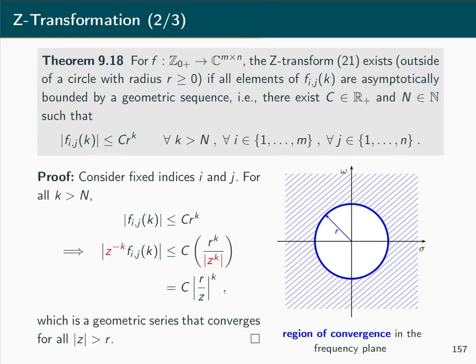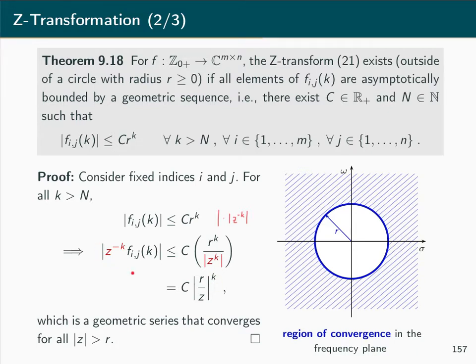Then we multiply each side with the absolute value of z to the minus k, which yields this inequality. And then we observe that the right-hand side can also be written as c times the absolute value of r divided by z to the power k.